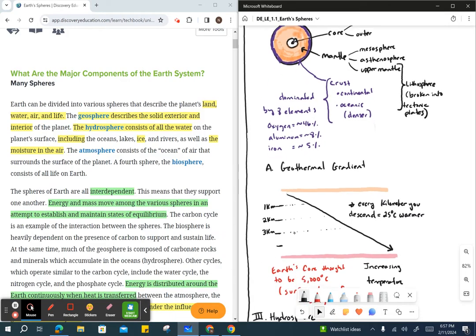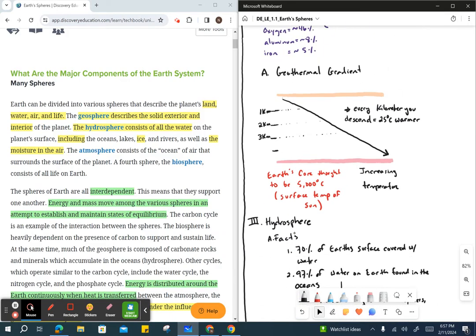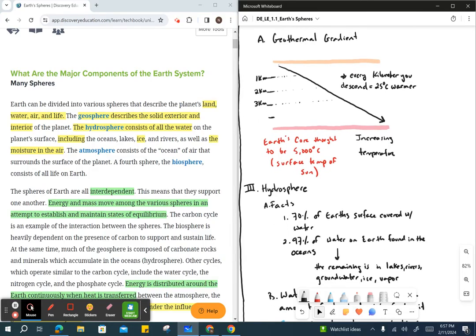Okay. If you were a miner and you were to work in some of the deepest mines in the world, which are about 3.5 kilometers deep, you would notice as you descended into Earth that it got warmer. In fact, it gets 25 degrees Celsius warmer for every kilometer you go down. So if our deepest mines are 3.5 kilometers, you're talking about 150, 160 degrees down there.